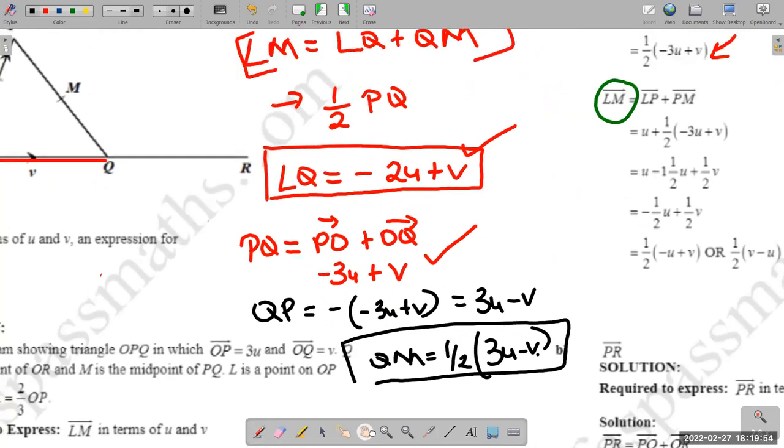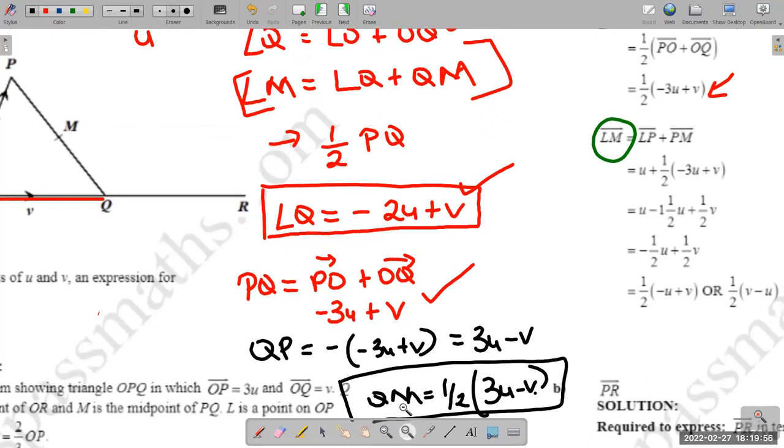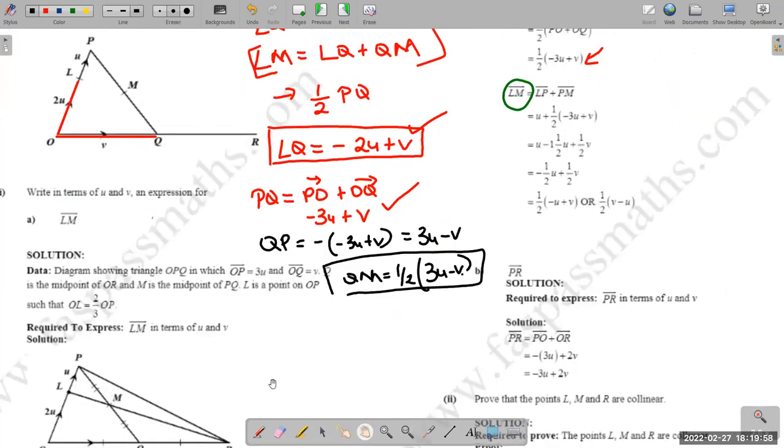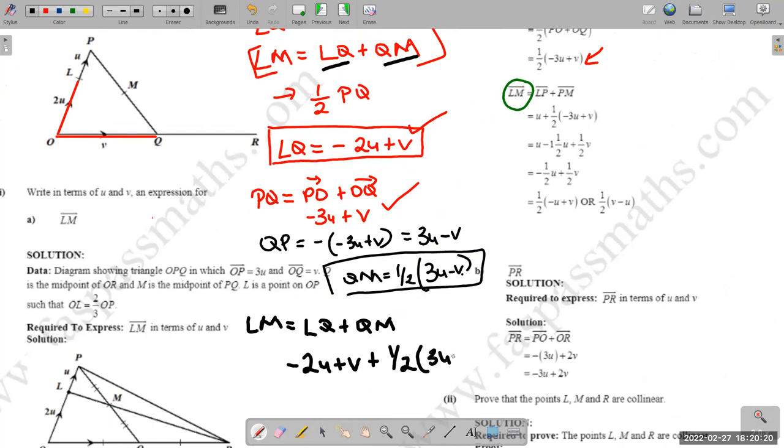And what was our formula at the beginning? Our formula was these two things that we need: LQ plus QM. So LM is equal to LQ plus QM. What was LQ? Negative 2U plus V, plus a half of 3U minus V.